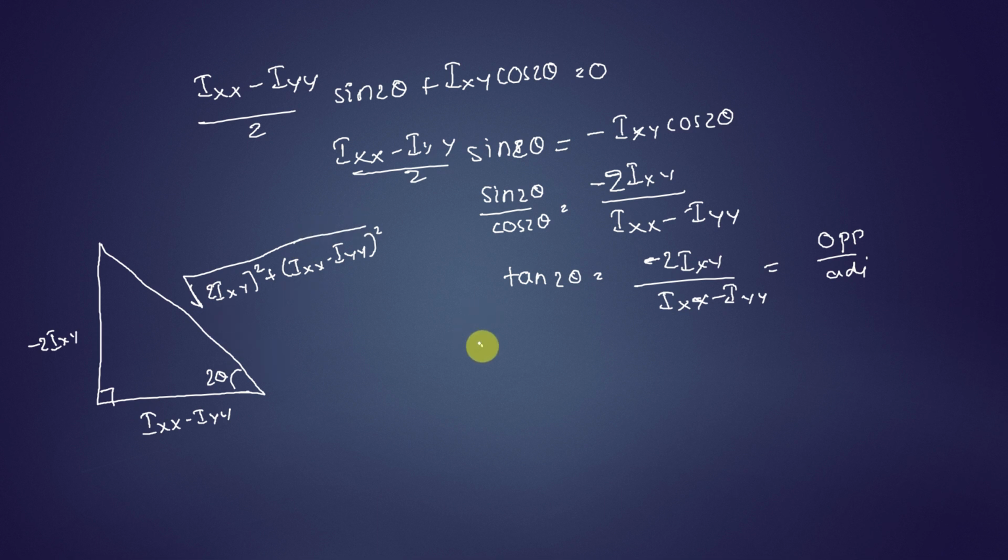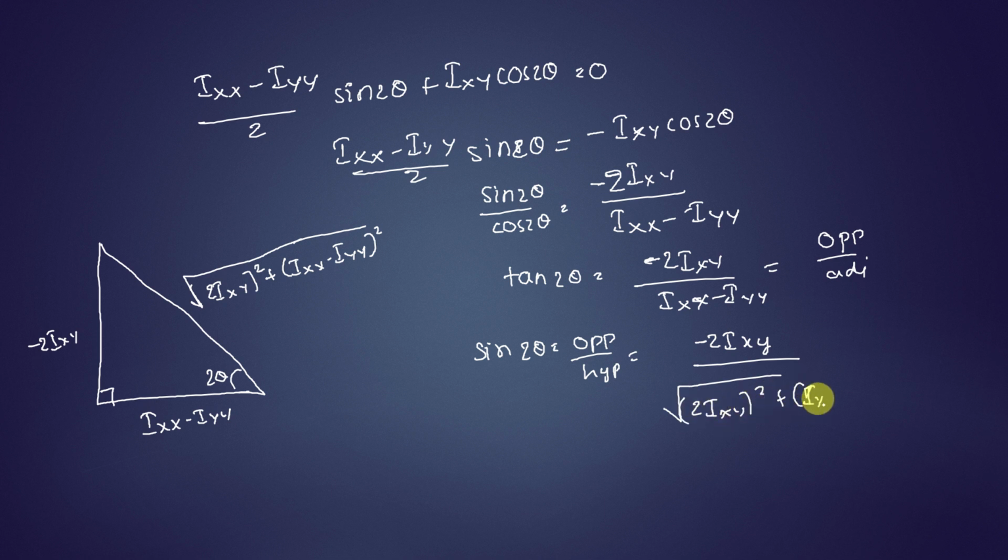Now, how can you write sine 2 theta? Sine 2 theta is opposite side by hypotenuse, right? What is opposite side? Minus 2Ixy by root over 2Ixy whole square plus Ixx minus Iyy whole square, right? And cos 2 theta is adjacent side by hypotenuse.